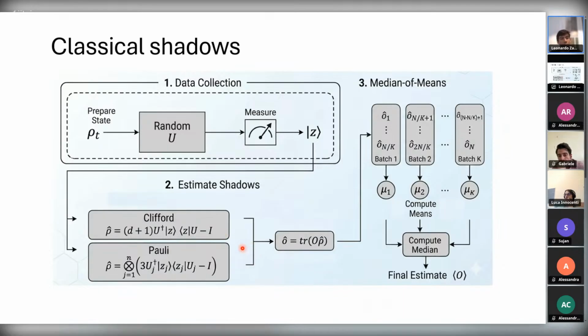So now, instead of adding all these matrices together to build a density matrix, we compute the property we care about immediately. For any observable O, we compute the trace of O with our single shot shadow, and this gives us a single shot number that is going to be an unbiased estimate of our true expectation value.